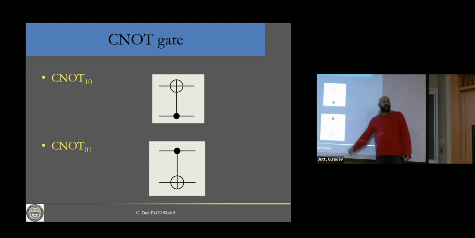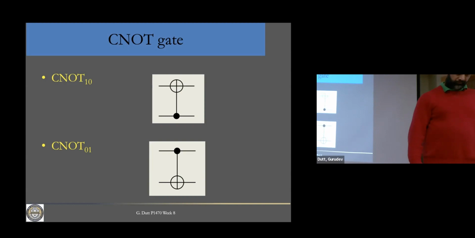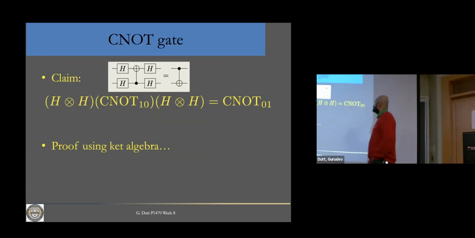That's the one that gets inverted depending on whether the right qubit is 0 or 1. So we have these two C naught gates and they are related to each other. So we have an identity. This is an important circuit identity that we can use, and I will prove it to you in a minute.